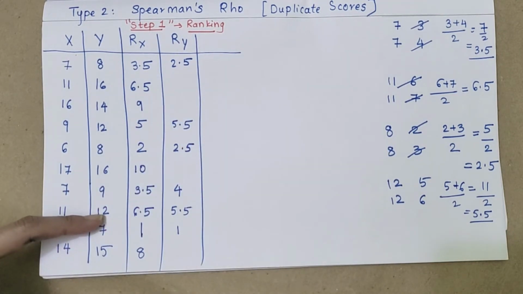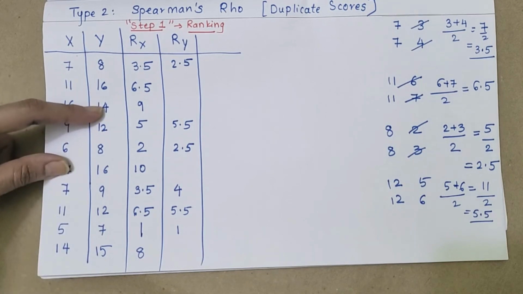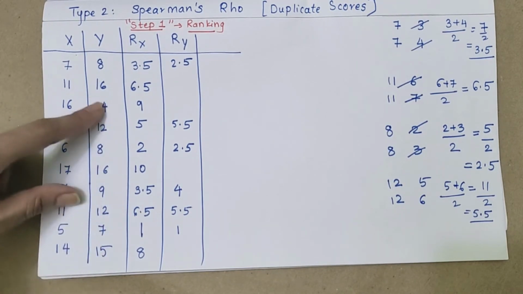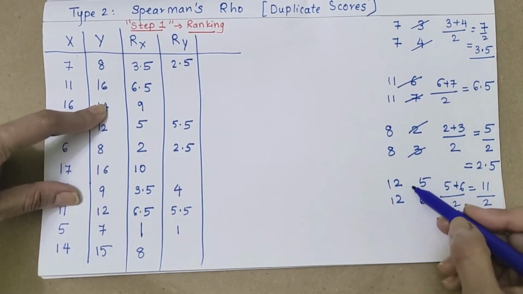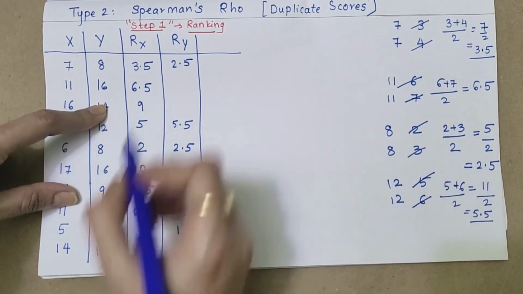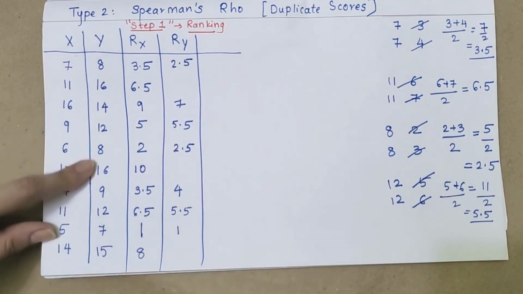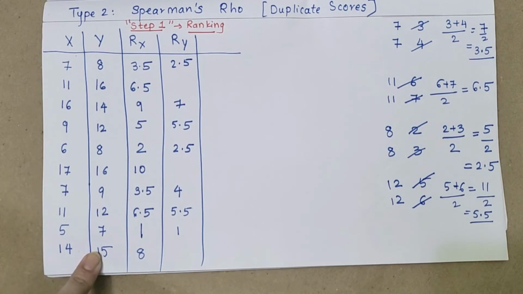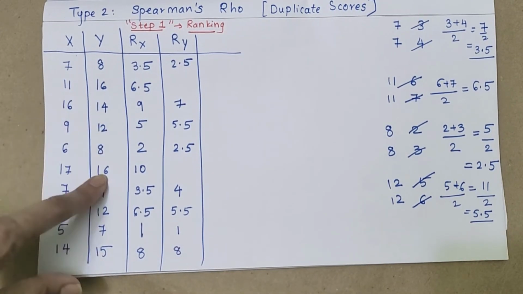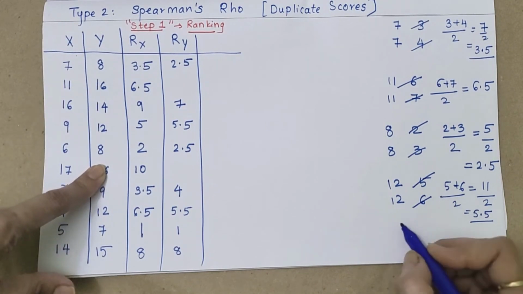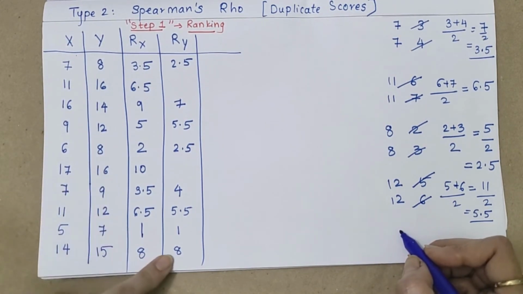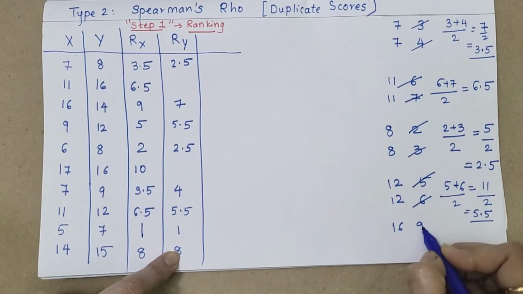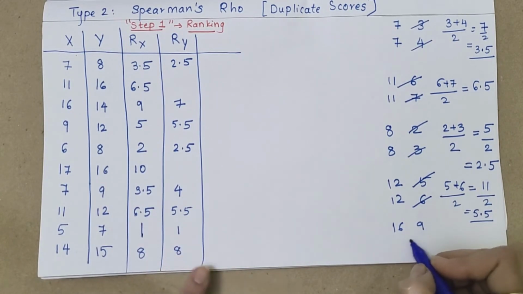The next elements after 12 are 14 and 15. Now 14 comes on which rank? 5th is gone, 6th is gone, so it comes on the 7th rank. Then 15 comes on the 8th rank. 16 is the only one remaining here, but there are two 16s. So what is the next rank? 16 comes on 9th after 8th.